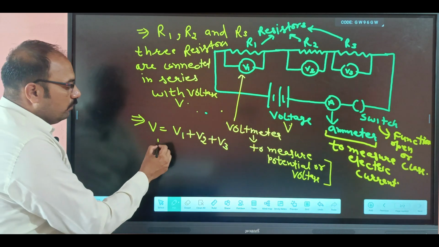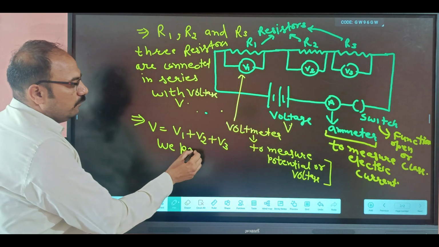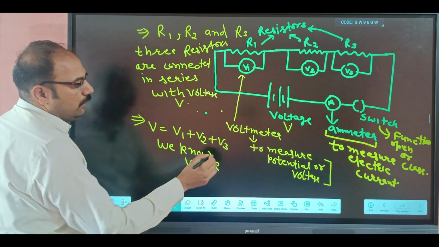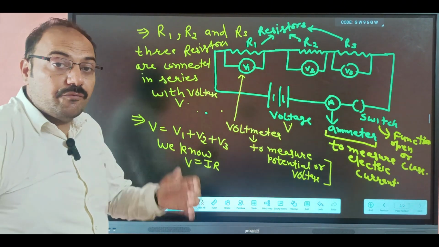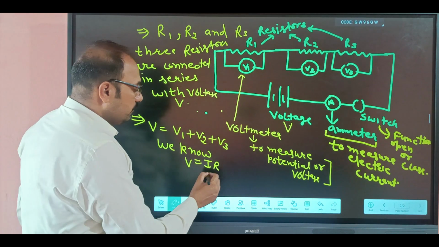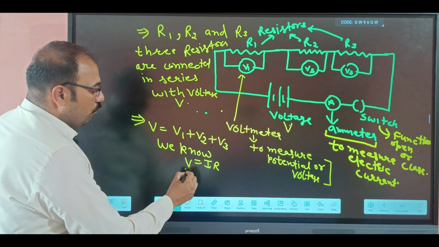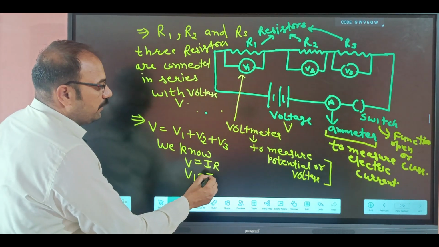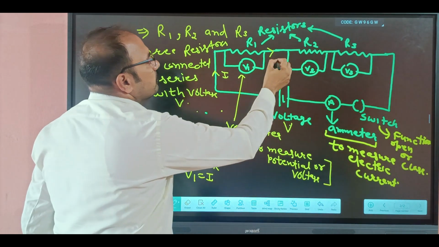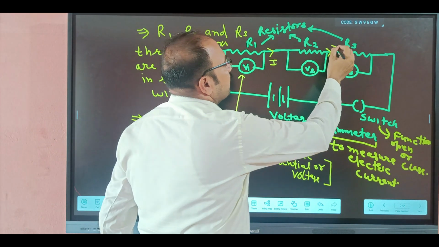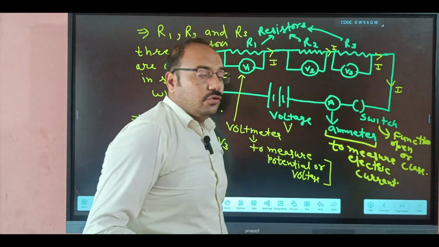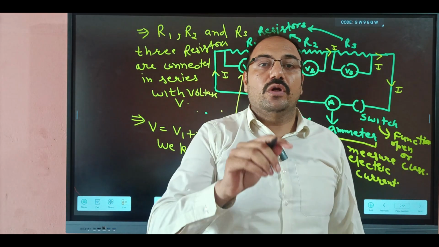So we know V is equal to IR. This formula comes from Ohm's law. According to Ohm's law, V is equal to IR, and we can also write V1 is equal to, the current here is the same, current I. The current through the circuit is the same because there is only one branch.